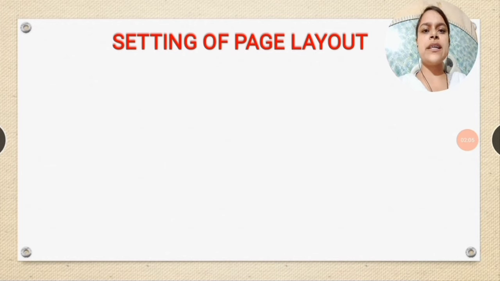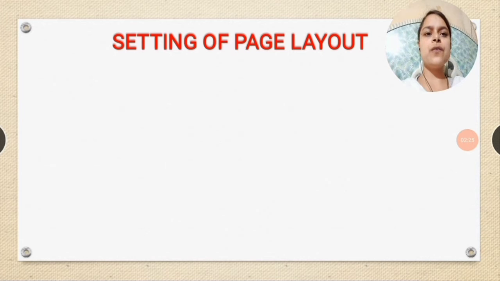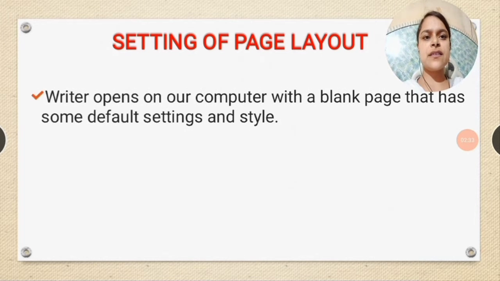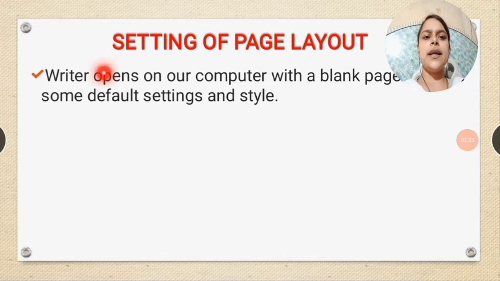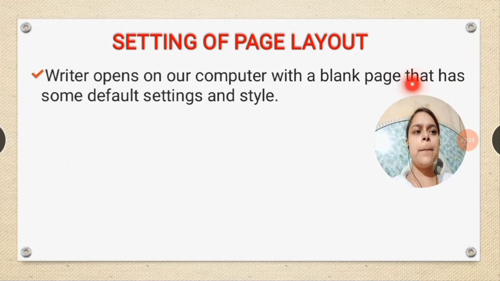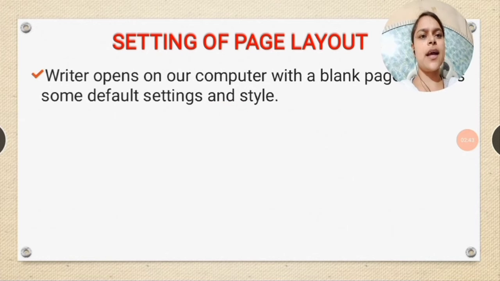Now we start with our first formatting. This is setting of page layout. Now we want to make changes in our page layout, so we will update our setting. Writer opens on our computer with a blank page that has some default setting and style.